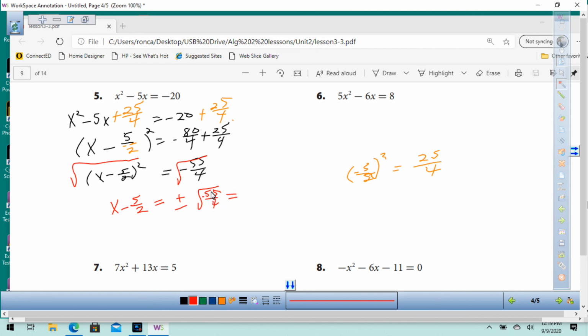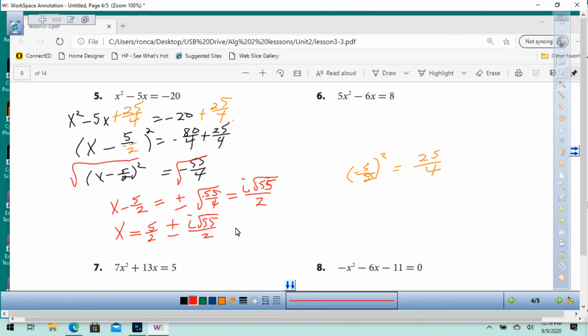And we got negative, so that's going to give me i times the square root of 55. There's no perfect squares in 55. And the square root of 4 is 2. All right, so now we'll add 5 halves to both sides. And we got x equals 5 halves, and sometimes you'll see it written as plus or minus i times the square root of 55 over 2.